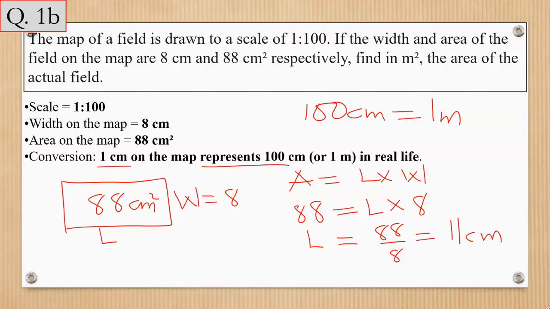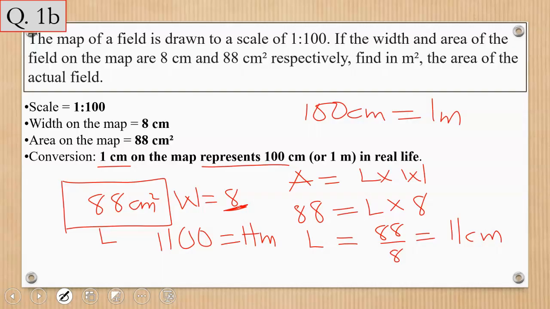Now, if we convert this 11 using the scale, it's going to give us 1100, which is the same as saying 11 meters, right? And the same thing applies to the 8.